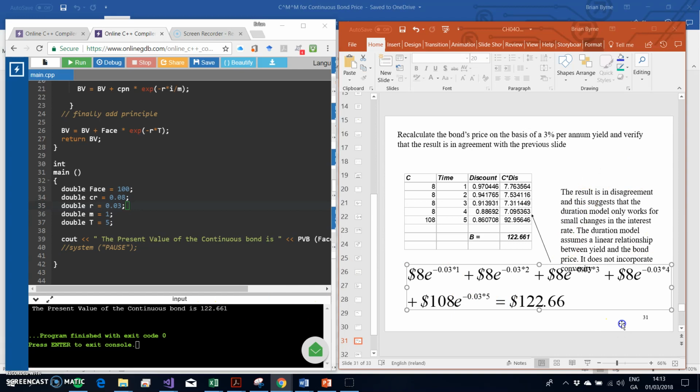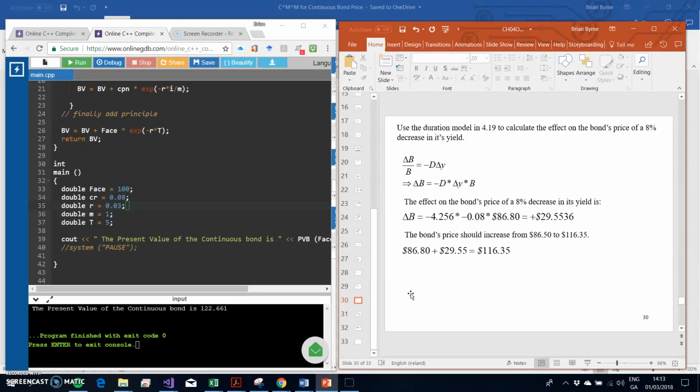However, the duration estimate that we were using, if we take the effect of a reduction of 8%, so a 0.08 reduction in the interest rate, delta y, multiplied by the original bond price, multiplied by the duration we estimated, results in an increase in the bond price of 29.55.